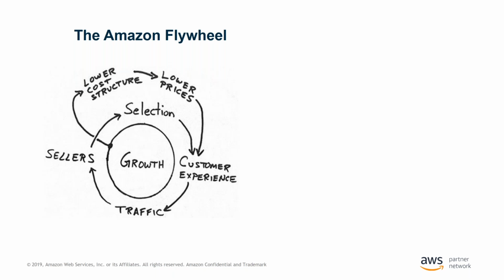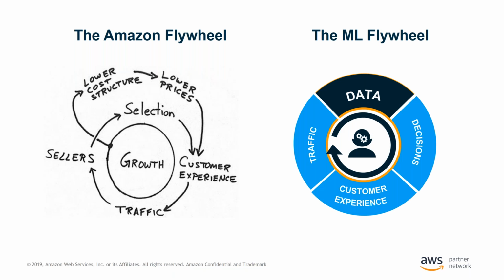And as you can see, the implications of having more sellers and better customer experience means we can build more infrastructure and lower our prices, etc. So the question was, how do we move this flywheel now to a machine learning environment? And what are the elements of a machine learning flywheel that will drive a virtuous cycle?